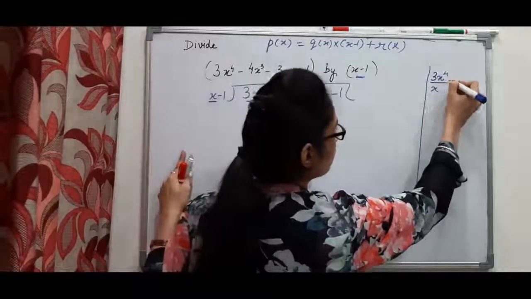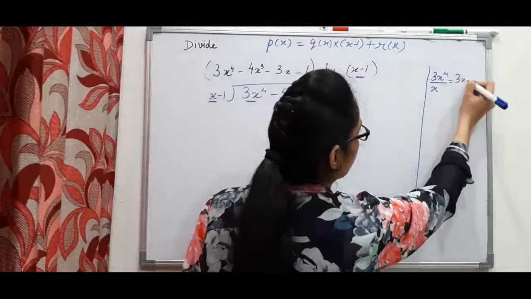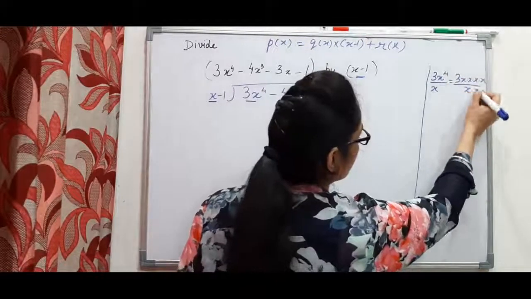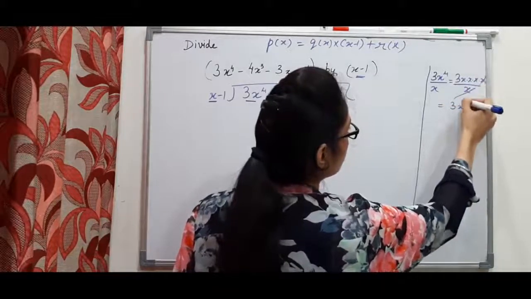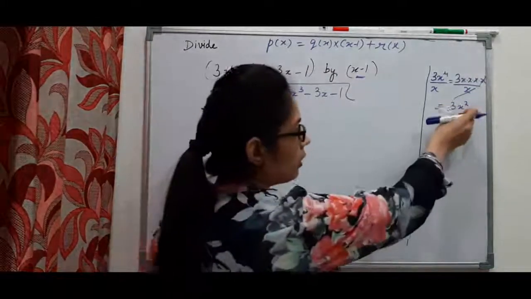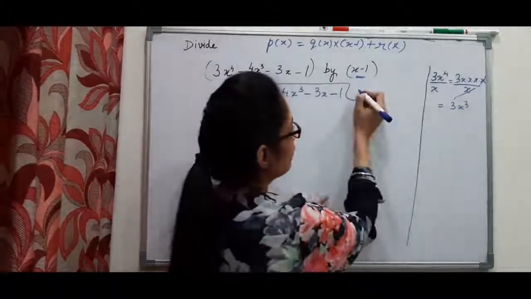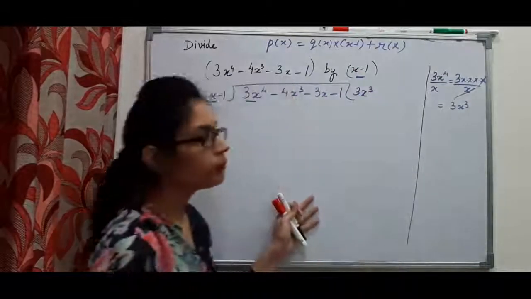You have to divide them. So I can write x into x into x into x, because 4x I have, 1x will get cancelled, so I am left with 3x cube. So whatever answer you have got after doing division, just write it here in place of quotient, 3x cube.